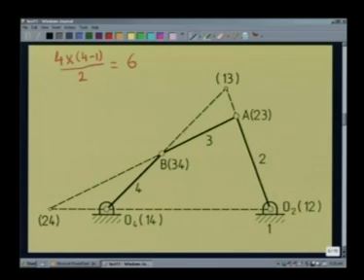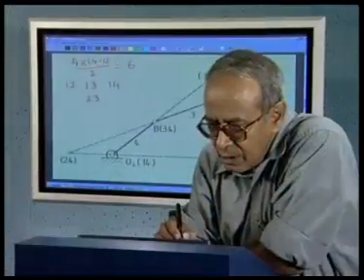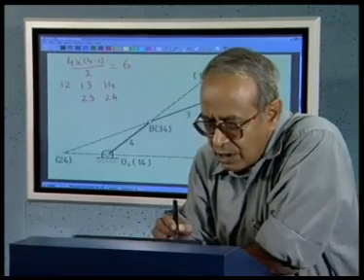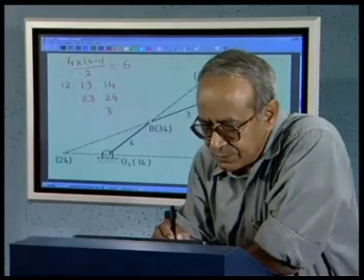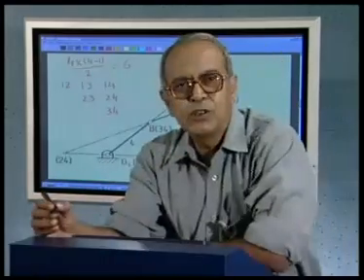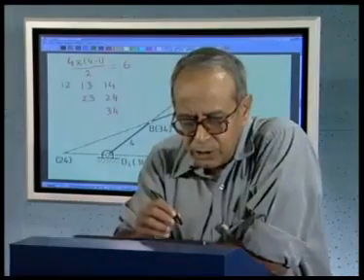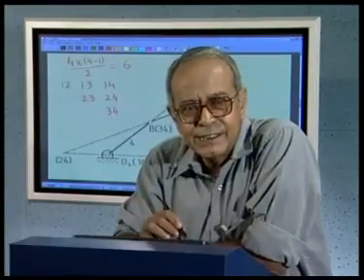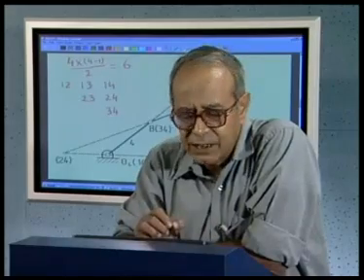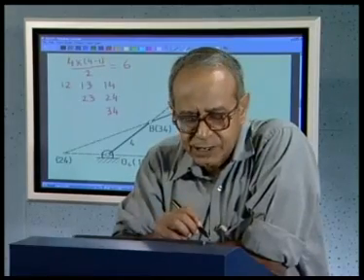They are 1, 2, 1, 3, 1, 4, 2, 3, 2, 4, and 3, 4. So our first task is to locate all these 6 relative instantaneous centers of this 4-link mechanism.